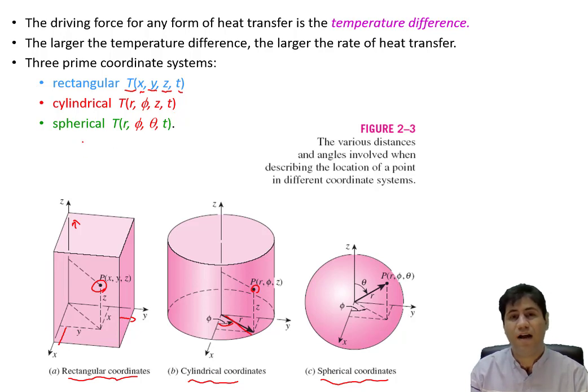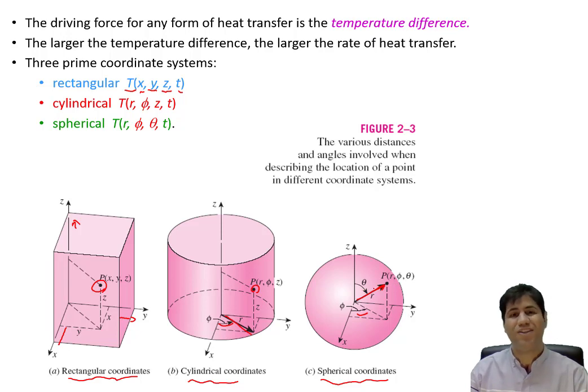And for a spherical coordinate system, we have r, the radius from our reference to this point, and two different angles: phi, the angle between the r and x direction, and theta. You may recall from mathematics that we can find r, phi, theta by trigonometric equations and so on.